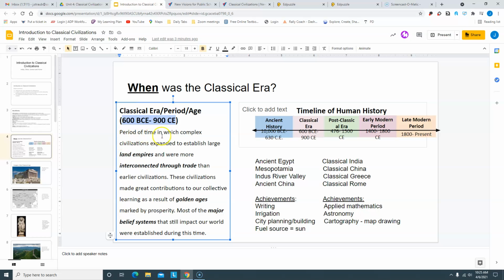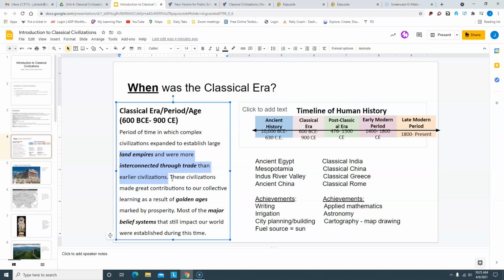So this is a period of time in which complex civilizations expanded to establish large land empires, and were more interconnected through trade than earlier civilizations.